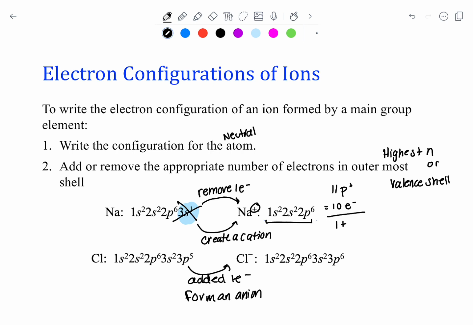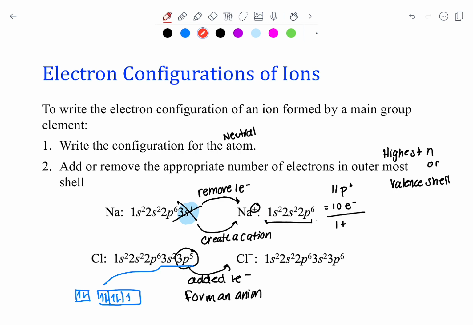That one electron is going to be added to our outermost shell, and specifically to our p orbitals, because if we look at our 3s and 3p, I have 3s2, 3p5, 1, 2, 3, 4, 5.